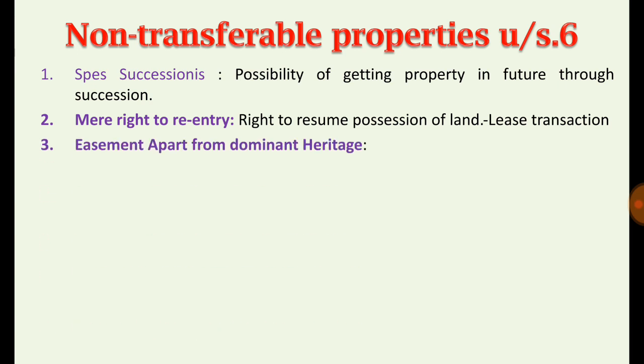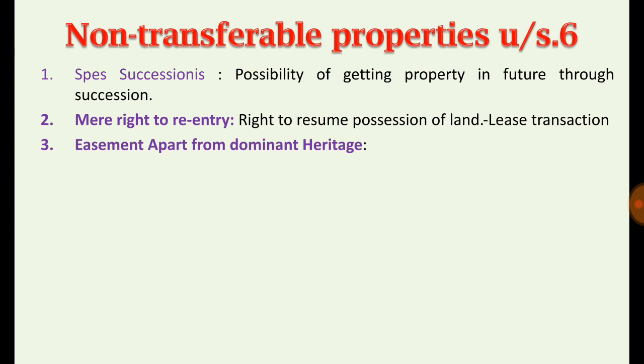Then the third property is easement apart from the dominant heritage. We have studied the concept of servient heritage and dominant heritage, where the servient heritage means that property on which the owner of the dominant heritage has a right to exercise for a beneficial purpose. The easement rights are the incidental rights available to the owner of the dominant heritage.